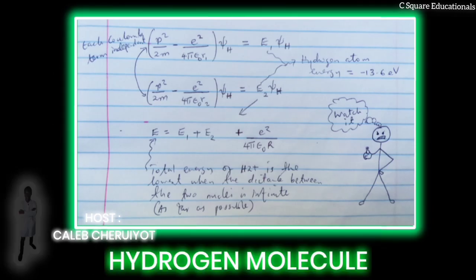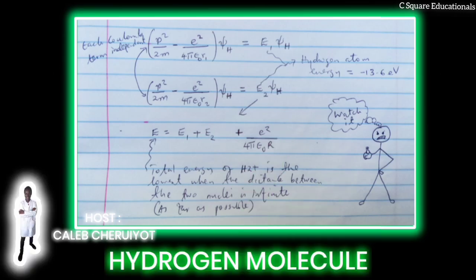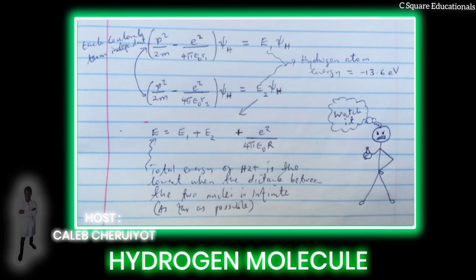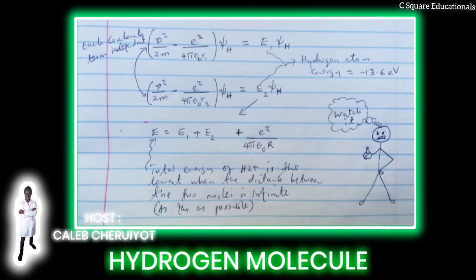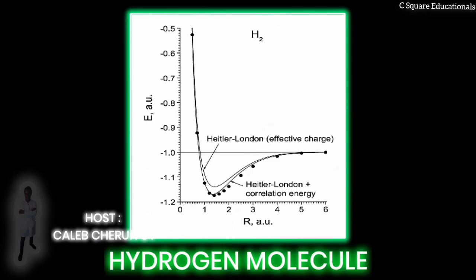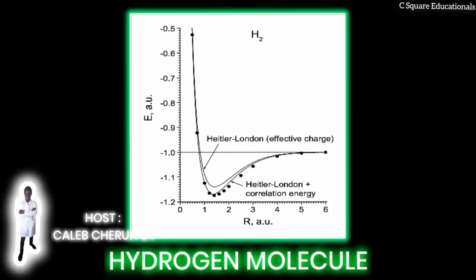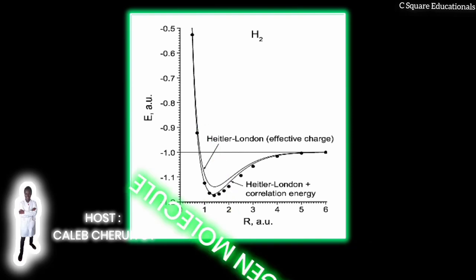Solving the time-independent Schrödinger equation using the Hamiltonian yields possible values for energy. However, this equation is not easily solvable and is often represented graphically, showing the energy changes as the two atoms move closer together.